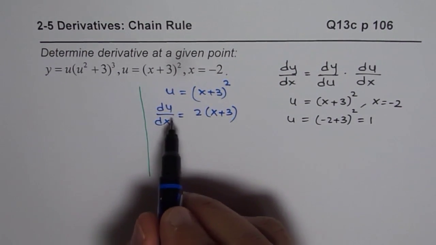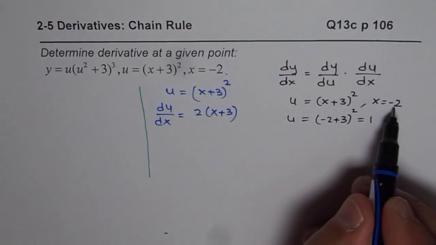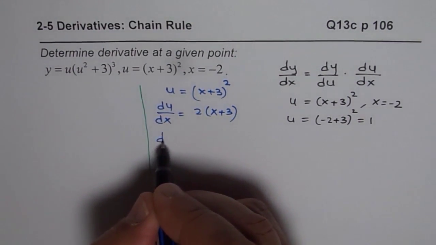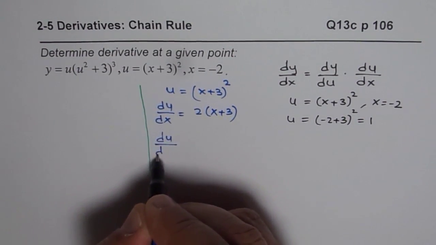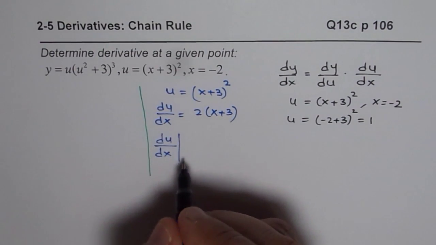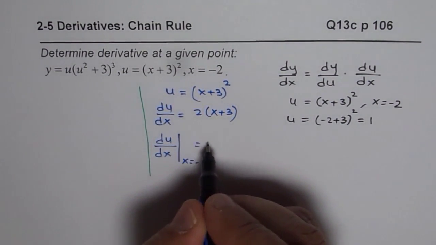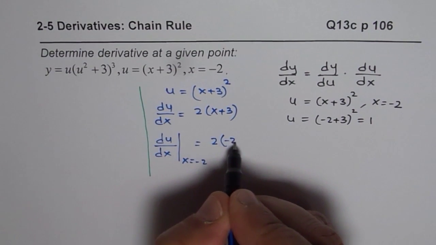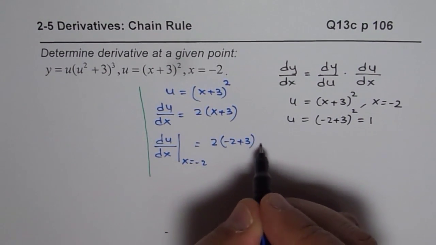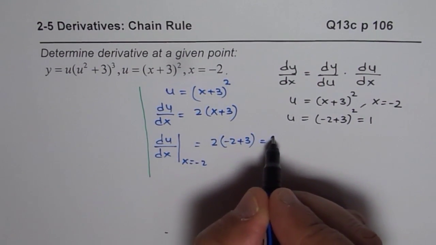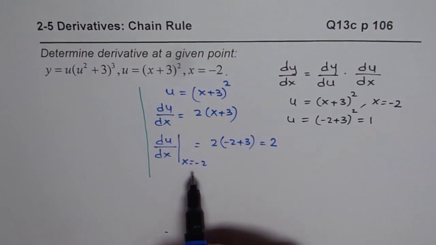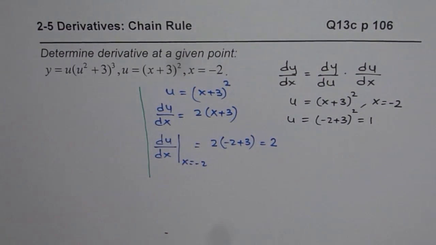We need to find this derivative at x equals minus 2, so it is useful to evaluate this derivative at x equals minus 2. We can substitute minus 2 here and find the value. So that is equal to 2. This will help us in simplification. We really don't have to simplify. If we do this step, then we save a lot of time.